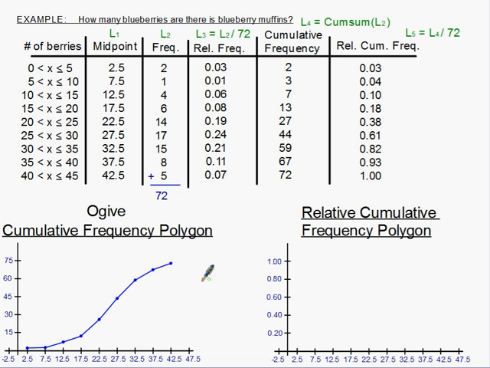Again, you'd have to rescale your y, because now you're going up to 1. And it should always go up to 1, again, because this last number should always be the same as n. You graph it, and you put them together, and that's your relative cumulative frequency polygon.